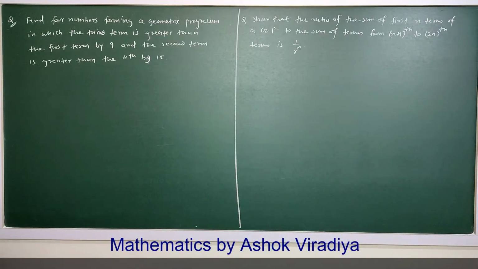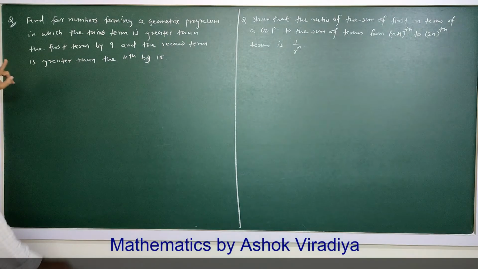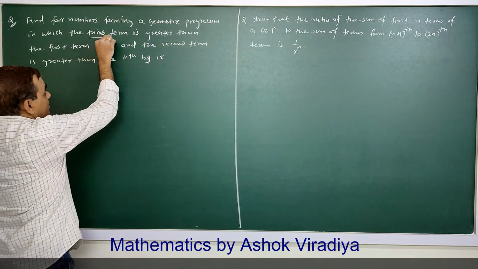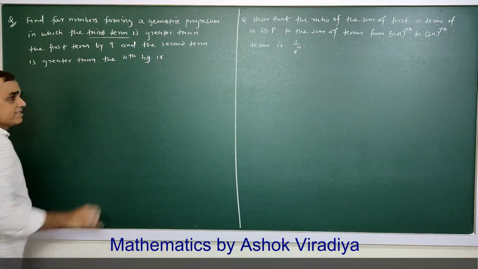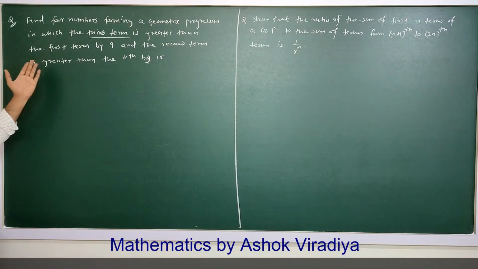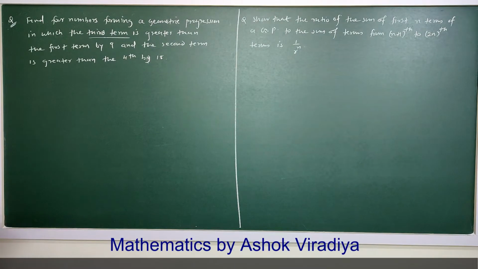Now next question. Find 4 numbers forming a geometric progression in which the third term is greater than the first term by 9 and the second term is greater than the fourth term by 18.